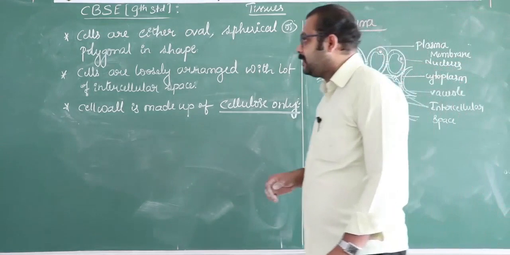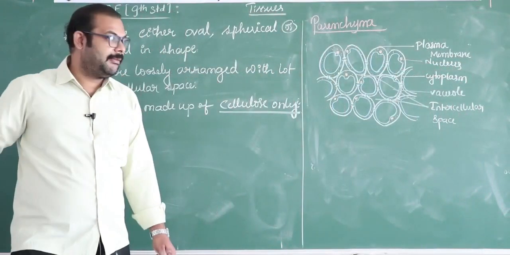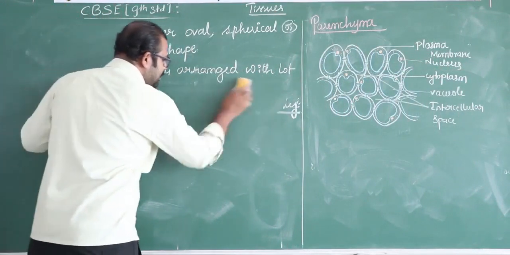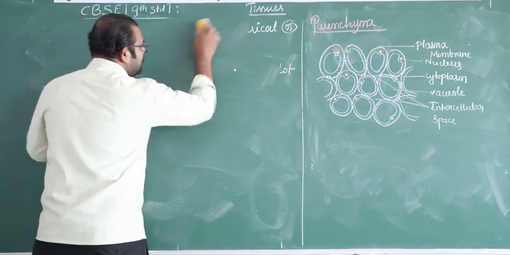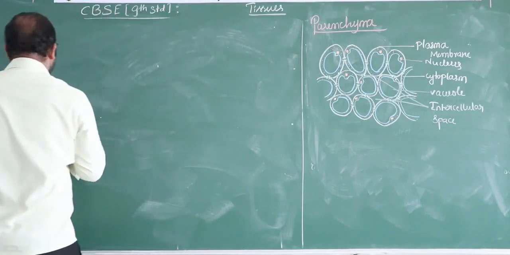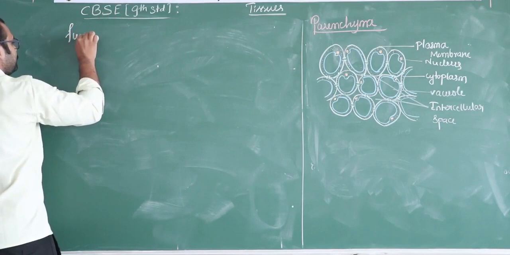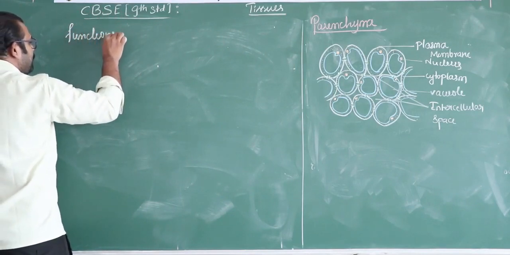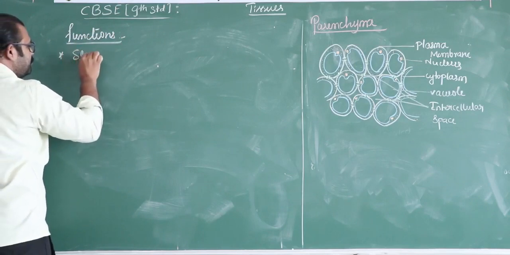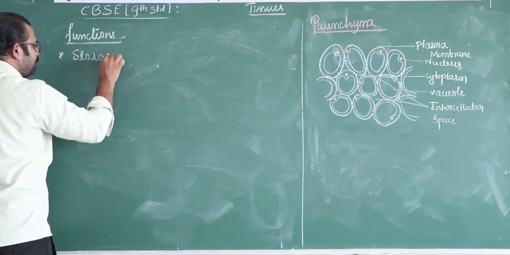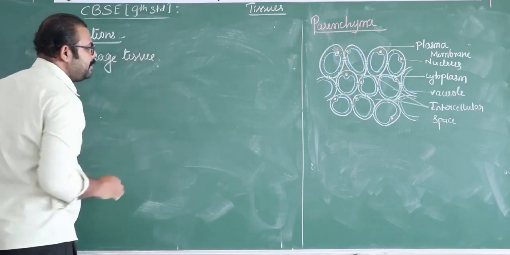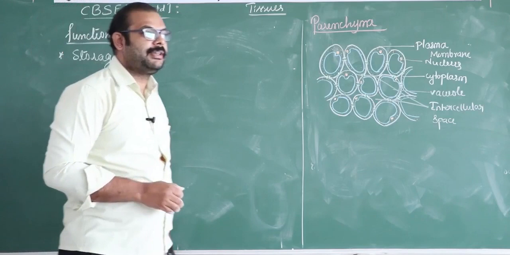Now coming to functions of parenchyma. The main role of parenchyma is storage. It mainly acts as a storage tissue and stores the food substances. Where is it located?